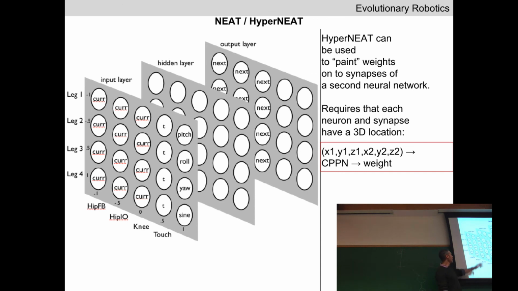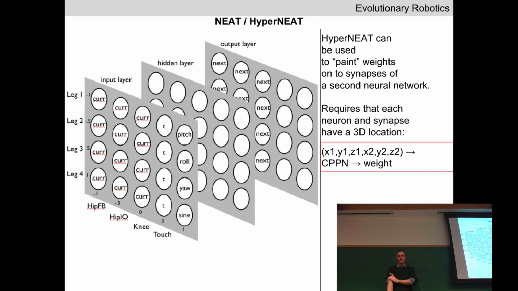The left-hand column represents input from the proprioceptive sensor for the forward-back hip joint. So this particular input neuron receives the angle of the forward-back hip joint for the 4th leg, this one for the 3rd leg, and so on. These 4 sensor neurons receive the input from the inward and outward swinging joints at the 4 hips.